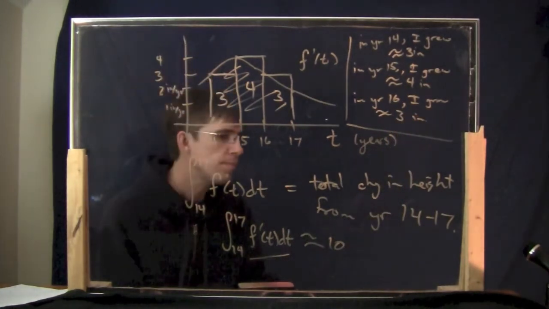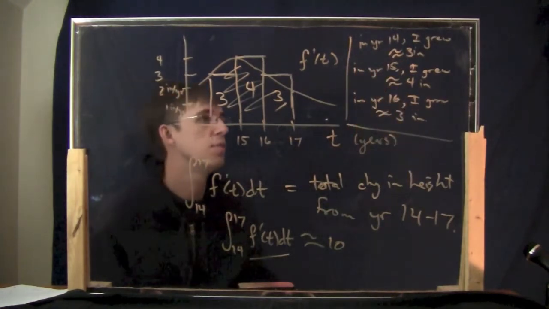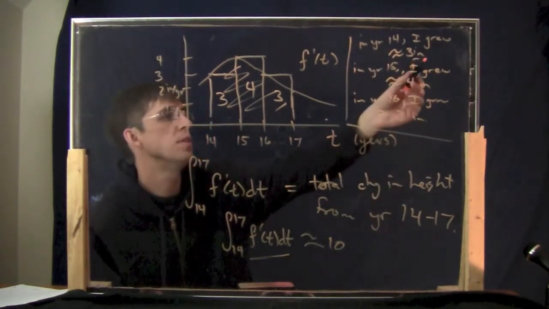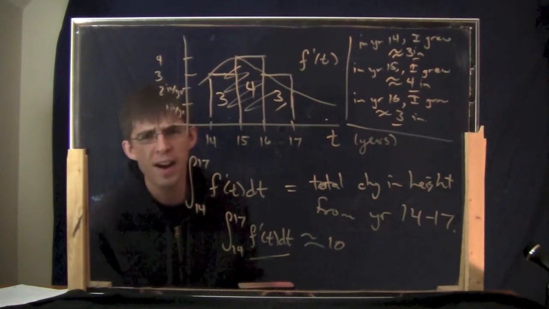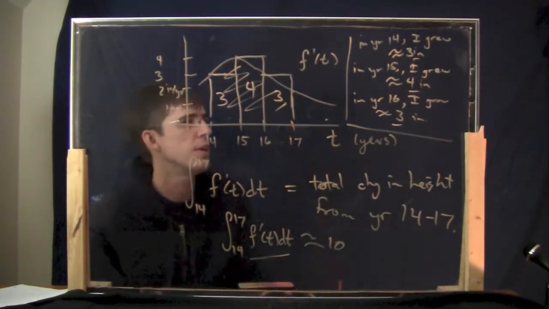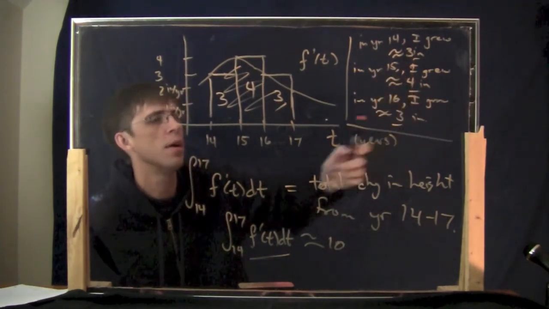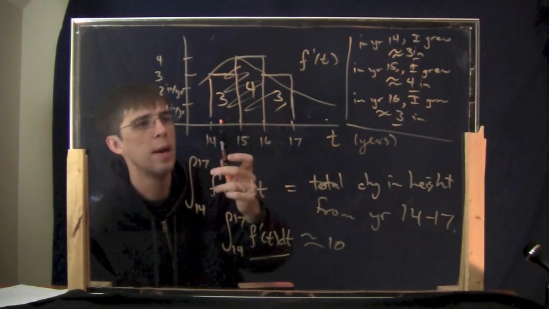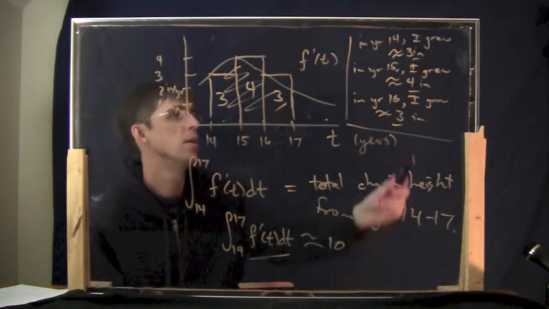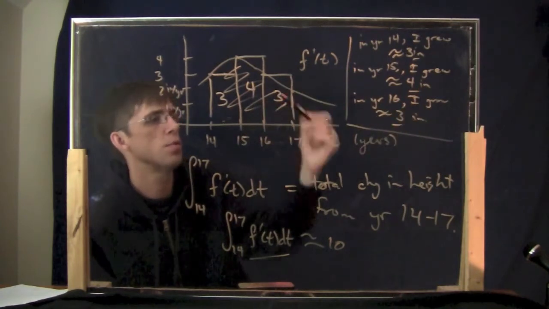In any case, what's the total change in my height from year 14 to 17? Well, the total change would be this plus this plus this. But I feel like you should feel in some way that I'm really saying the same stuff again. The same exact computation is what I'm doing here. It's exactly the same as these areas. This 3 corresponds to this area 3. This 4 corresponds to this area 4.